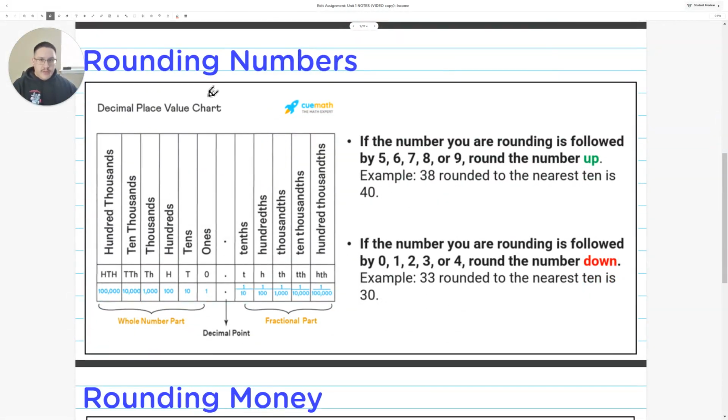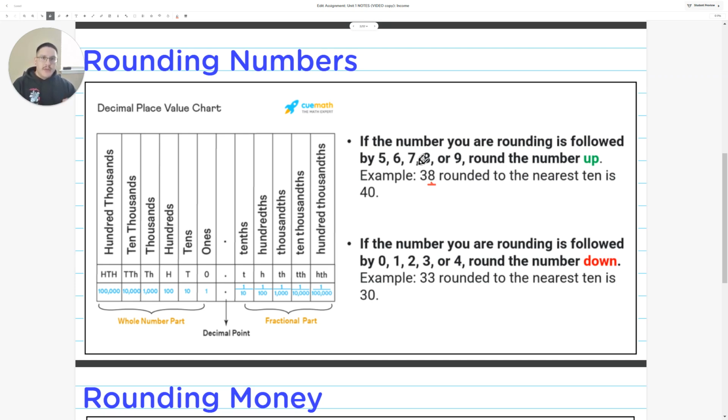Rounding numbers. Let's do a quick review on what you need to do in order to round a number either up or down. So, if the number you're rounding is followed by a 5, 6, 7, 8, or 9, then we're going to round the number up. For example, let's say we want to round the number 38.